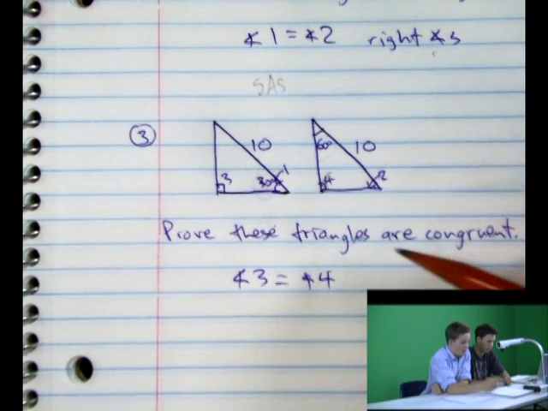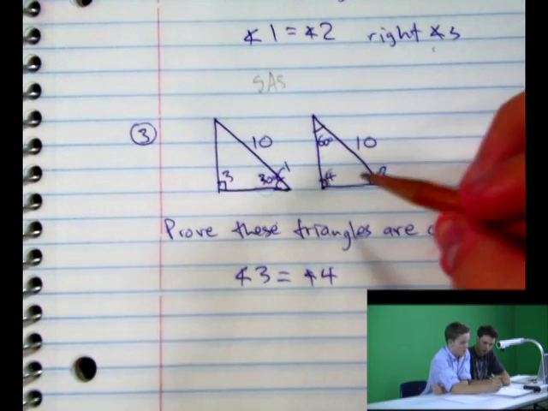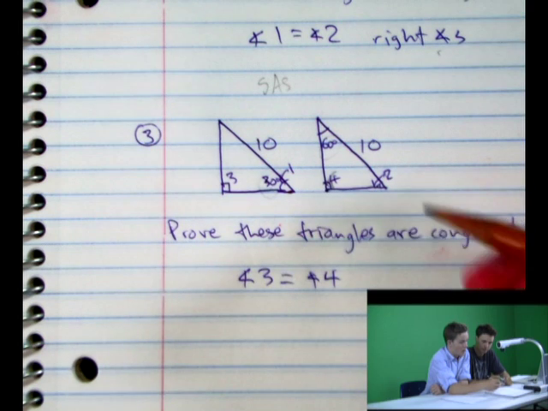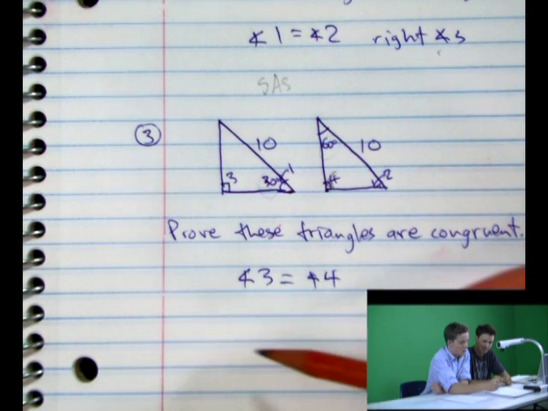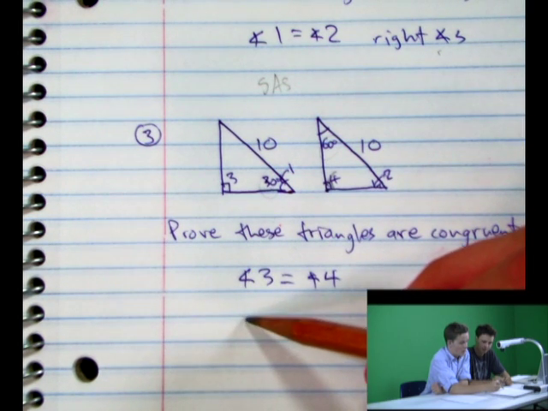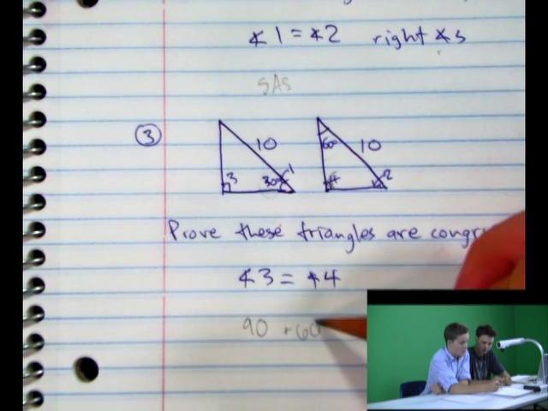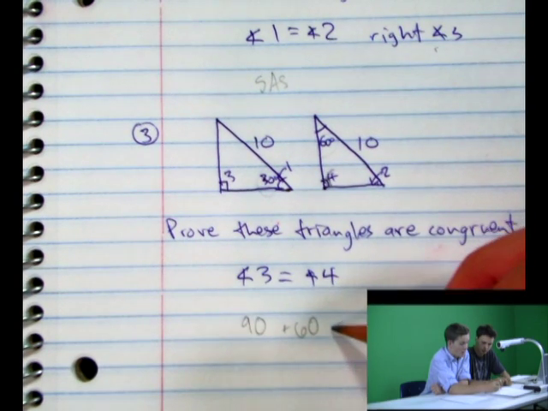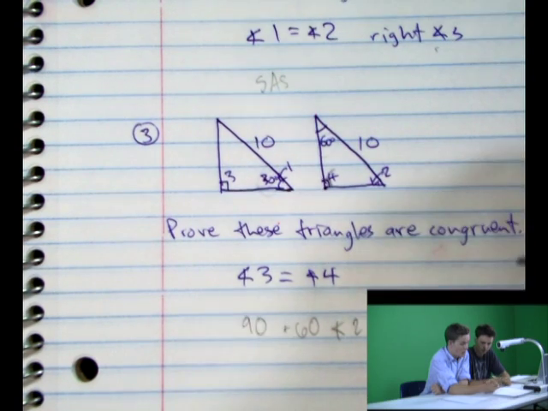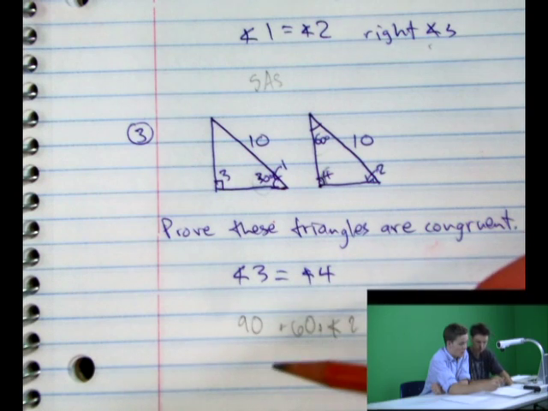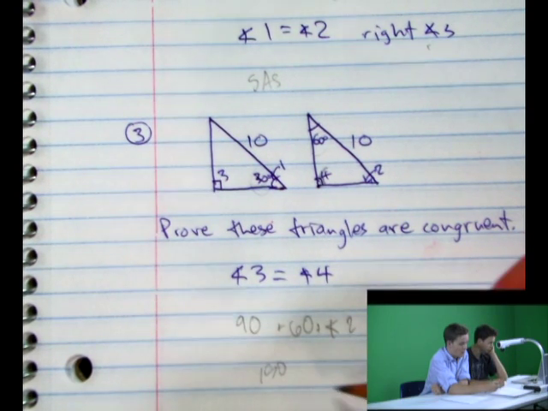Well, angle 4, because it's the little square thing, is a right angle, and a right angle is 90 degrees. So we know that 90 plus 60 plus angle 2 equals 180. If we add those together, that's 150 plus angle 2 equals 180.